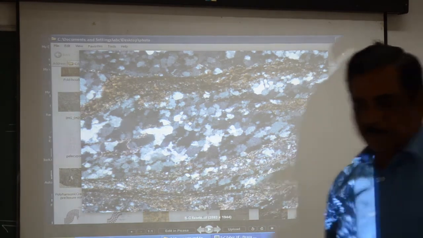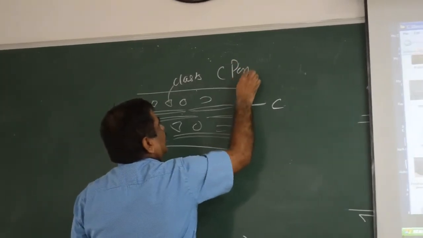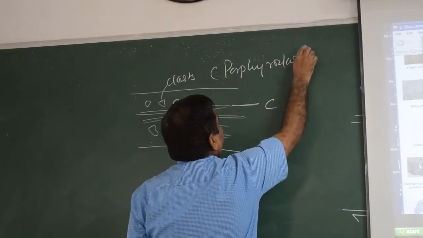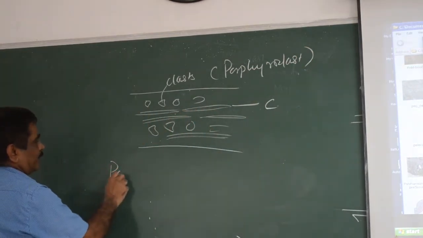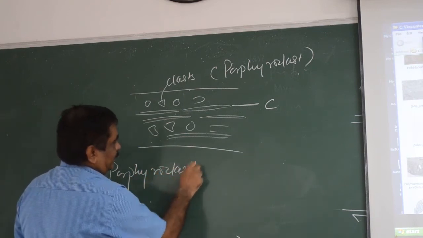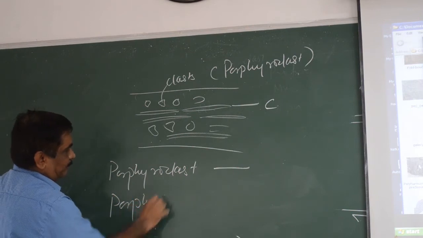Now if you take it, these are the clasts, known as porphyroclasts. So what is the difference between porphyroclast and porphyroblast? There are two terms.